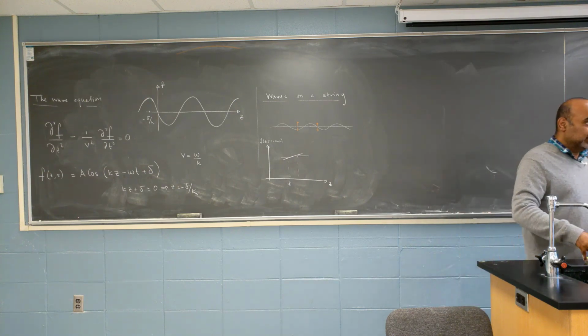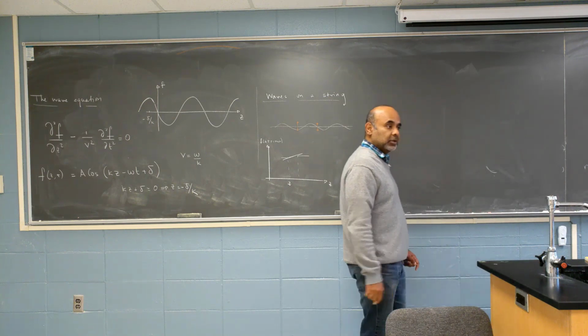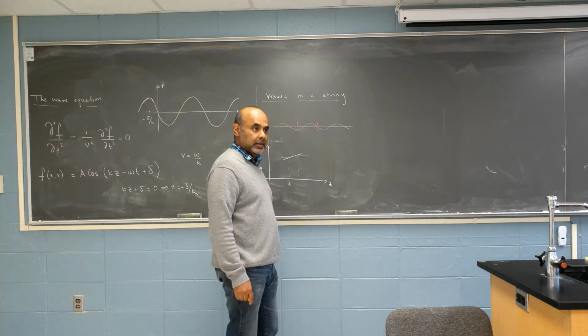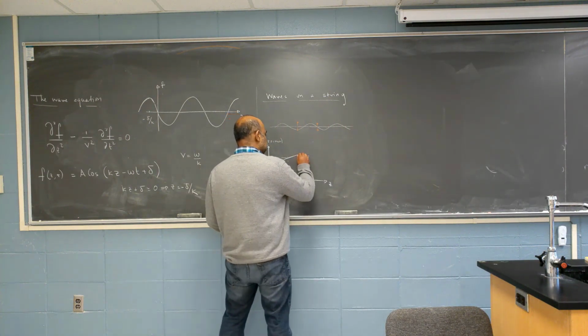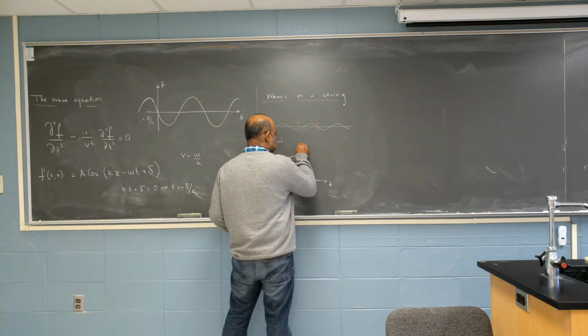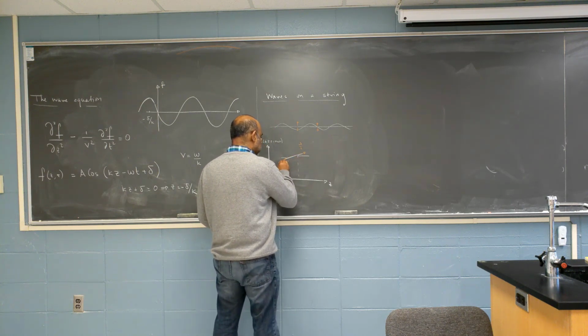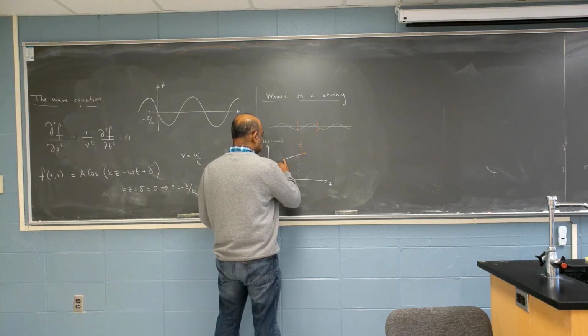The string itself has a tension on it. As you know, in a taut string the tension is constant, right? So this tension force has some vector T, with the same magnitude, along the string.